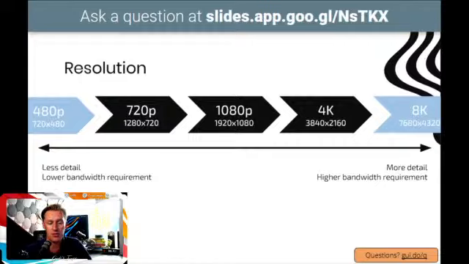But if you need more detail and you can pull off the higher bandwidth requirement, then that's fine. For example, if you want to share a screen, or I do website reviews, when we do website reviews, you would want to share in at least 1080p.